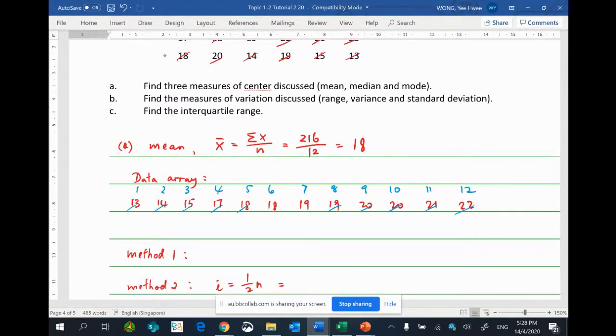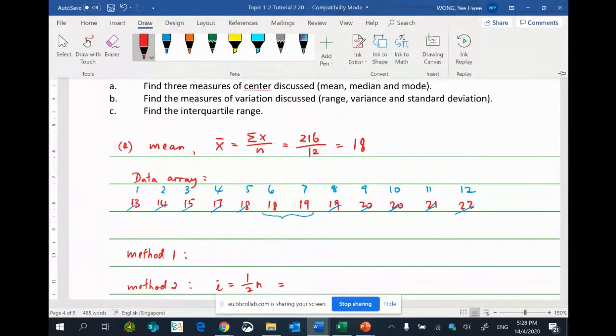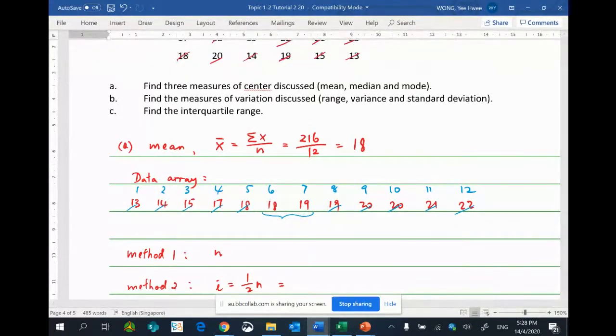Now you end up in the middle of these two. So what's the median? Here, right? It will be 18 plus 19 divided by 2. So you get 18.5. This is the first method.